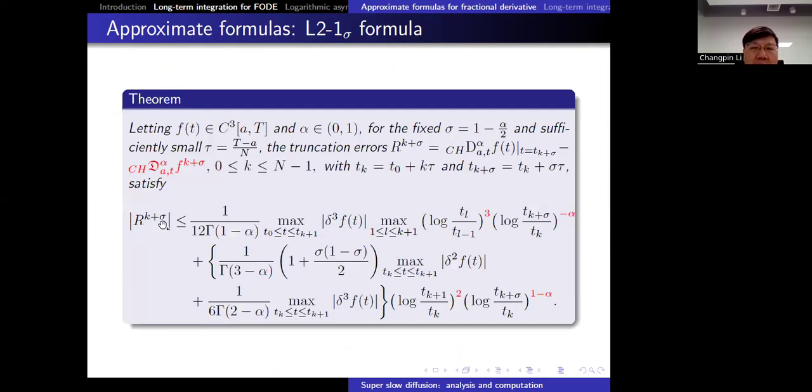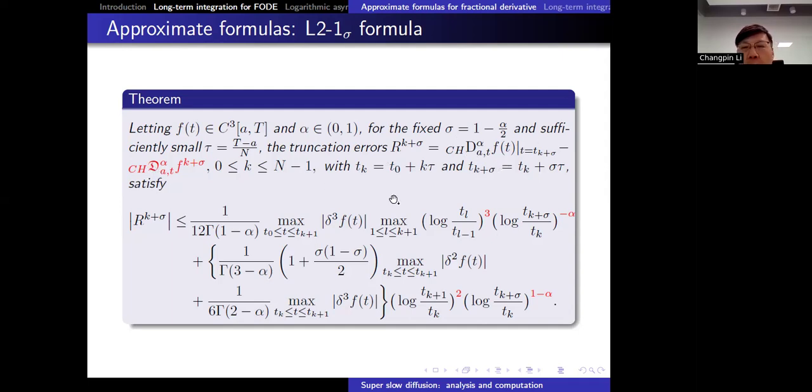Then we give the error estimate for this case. f(t) is in this space, and the time fractional derivative of order alpha is in the interval, and sigma with this step size, the truncation error is the difference between them.